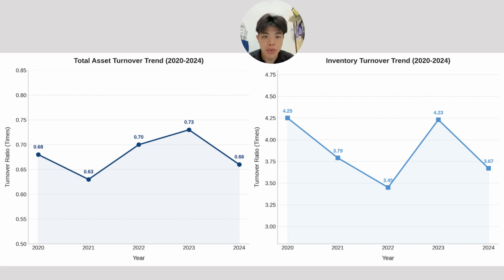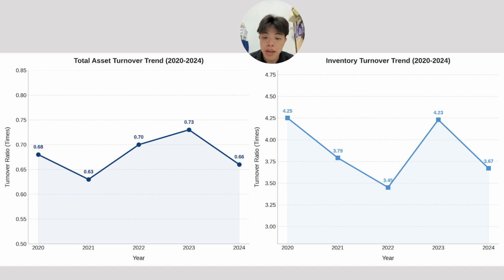Move to 5.2, total assets turnover and inventory turnover, also from 2020 until 2024. This is about speed, and the inventory turnover tells us how quickly products fly off the shelves. Notice that it dipped to 3.45 in 2022, and it is not poor management.